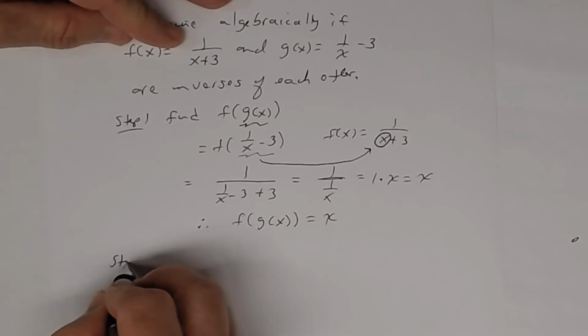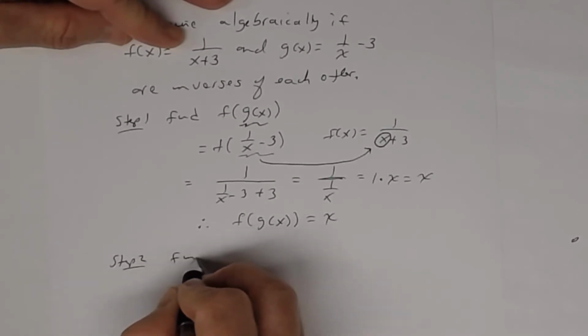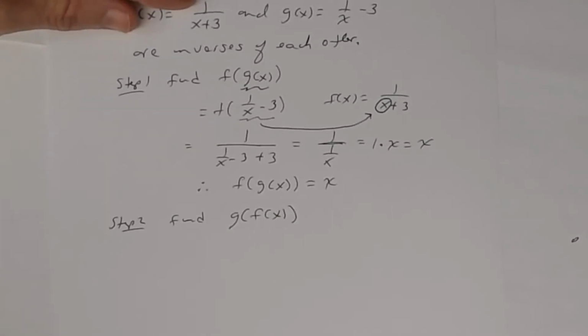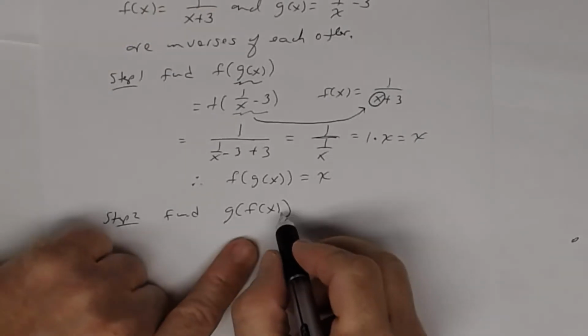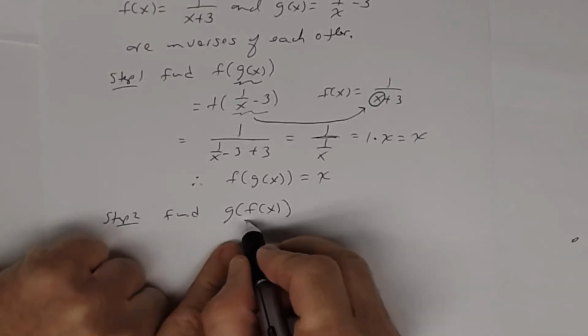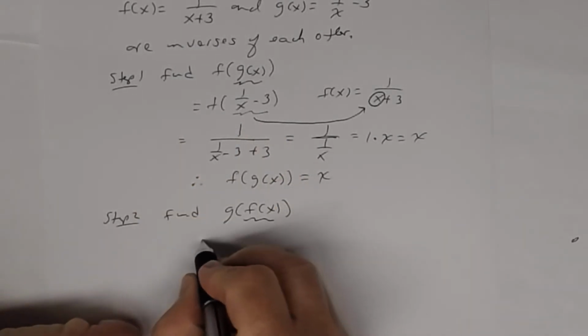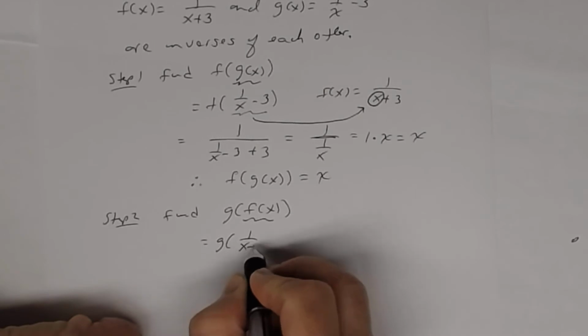All right, step 2. Let's find g of f of x. Now, f of x is this function right here, 1 divided by x plus 3. So that becomes g of 1 divided by x plus 3.